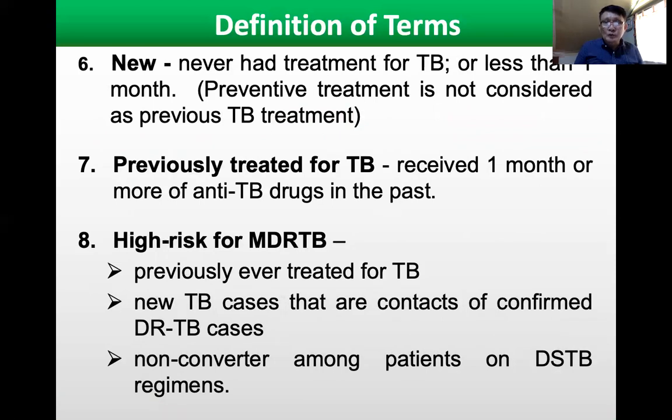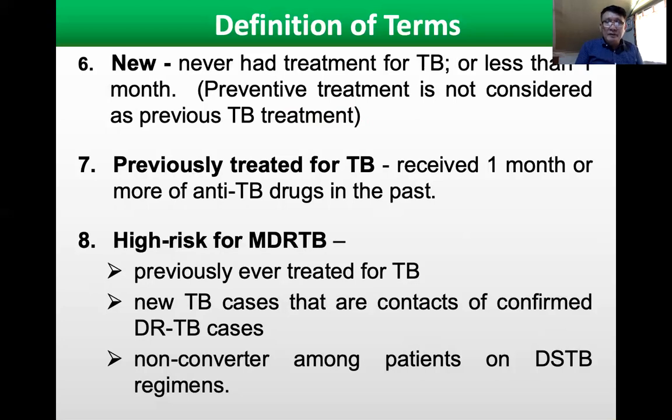When we say new, the patient has never had treatment for TB, or if they had, it should be less than 1 month. So once again, as a reminder, preventive treatment is not considered as previous TB treatment. Previously we called it IPT, but preventive treatment regimen is not considered as previous TB treatment.